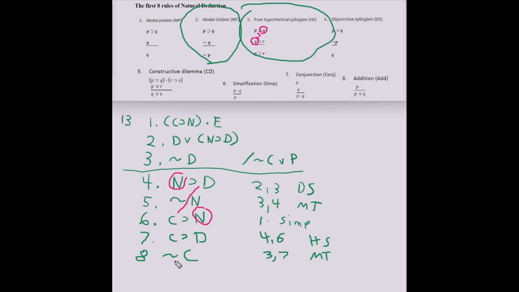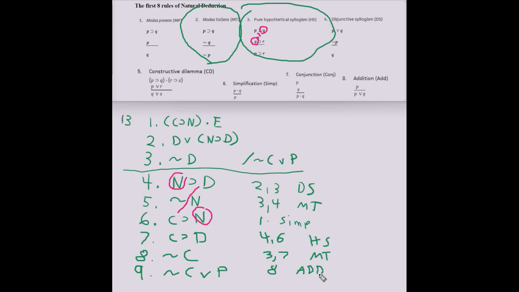And then we know how we can use this not C to get not C or P. That's just going to be the rule of addition. So not C or P from line 8 using addition.